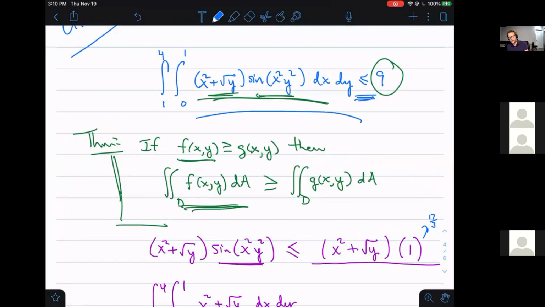So is this bit right here going to be less than 9? Well, yeah, and better yet, we know that it's actually going to be less than 6. So maybe it's 5, maybe it's 4, something like that. But it's not only less than 9, it's less than 6 even. So the answer is true.